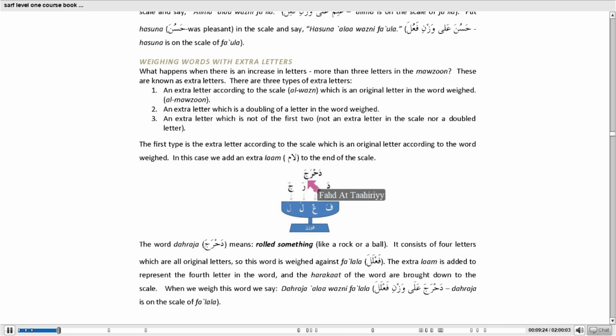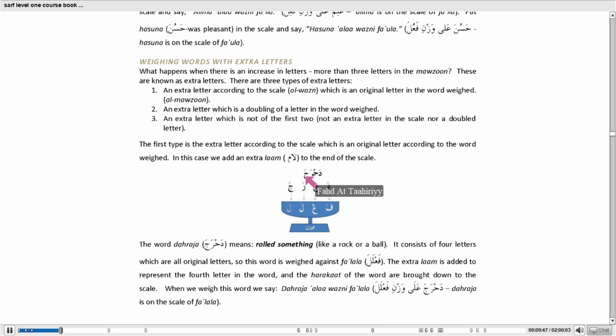Now, this 4th letter is considered extra to the scale, but not to the word weighed.